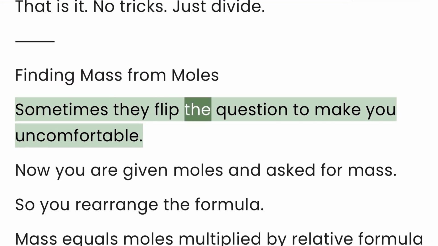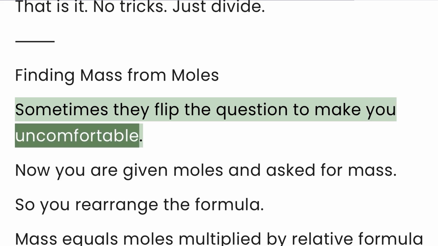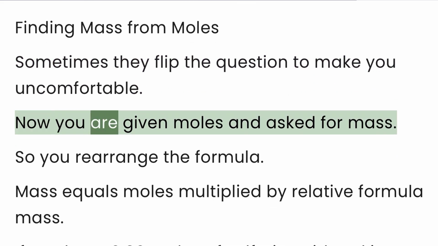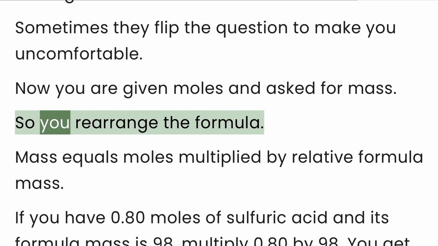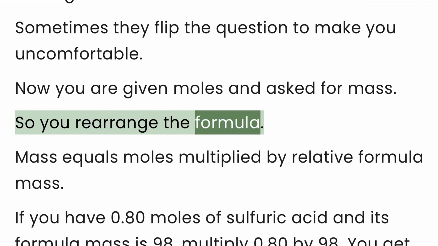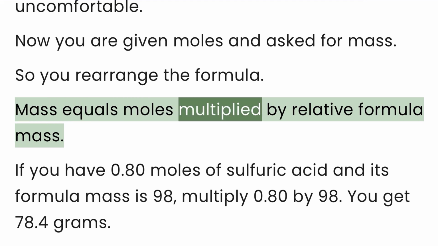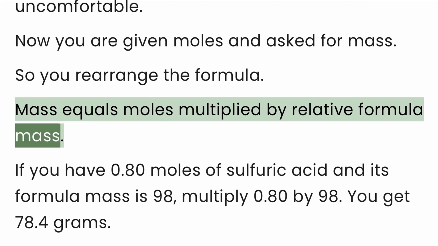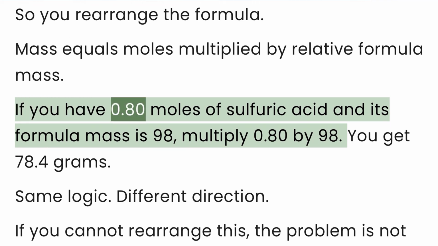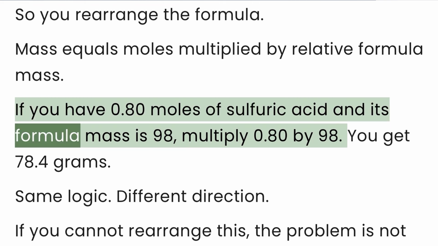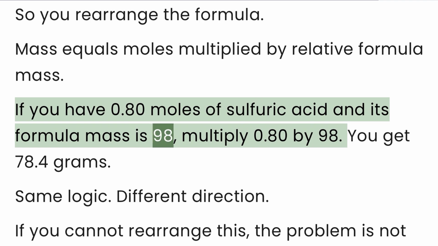Finding mass from moles. Sometimes they flip the question to make you uncomfortable. Now you are given moles and asked for mass. So you rearrange the formula. Mass equals moles multiplied by relative formula mass. If you have 0.80 moles of sulfuric acid and its formula mass is 98, multiply 0.80 by 98.